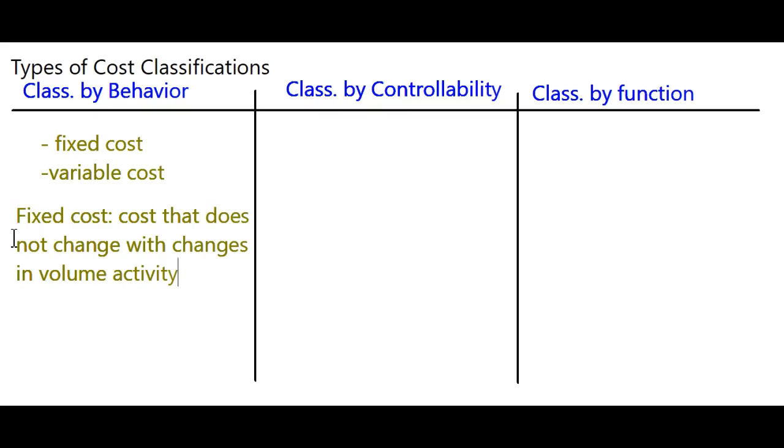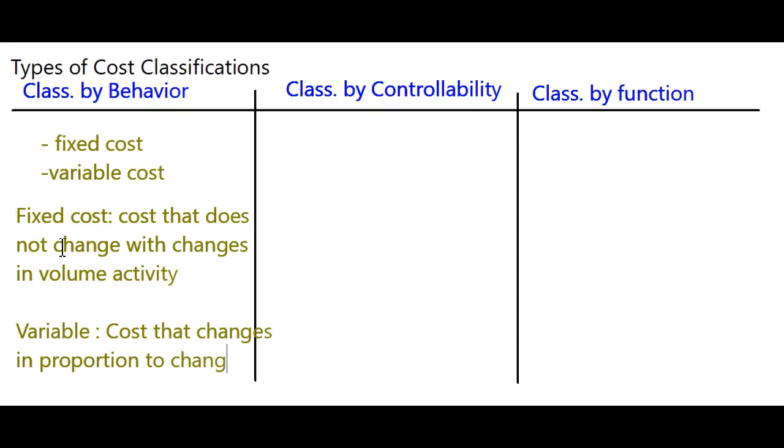A good example of this would be rent. If you're paying rent, you're going to pay the same amount of money for a long period of time, or however long you choose to pay rent. That price is not going to change. And a variable cost would be a cost that changes in proportion to changes in volume.